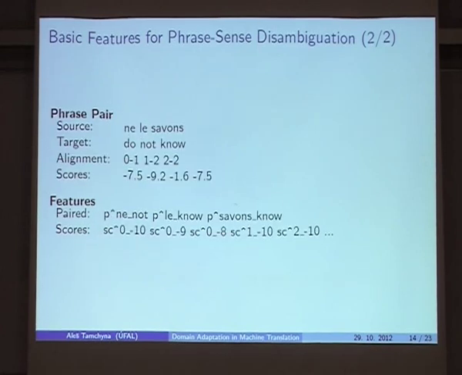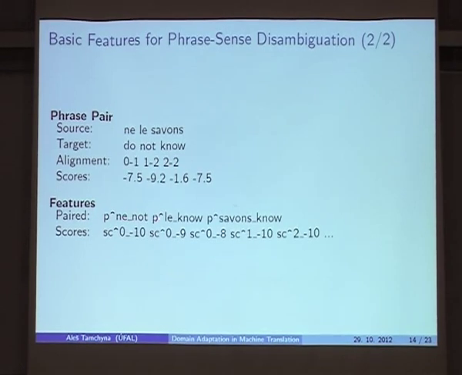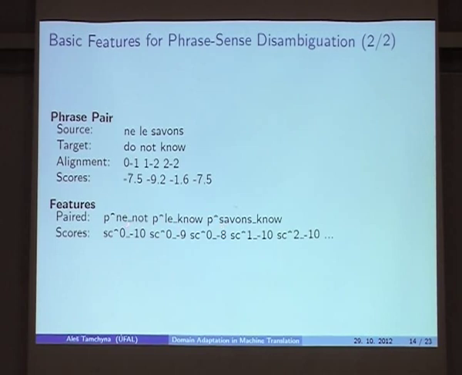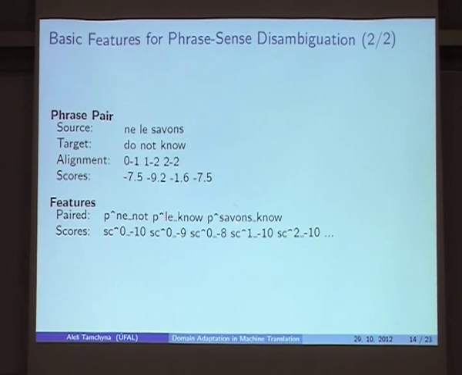Other features include phrase pair features, using the source and target phrase and the alignment inside them. We can extract paired features, which describe the correspondence of the words on the target and the source side. And the score features can also be used. We discretize them and take the log and also use those as features.